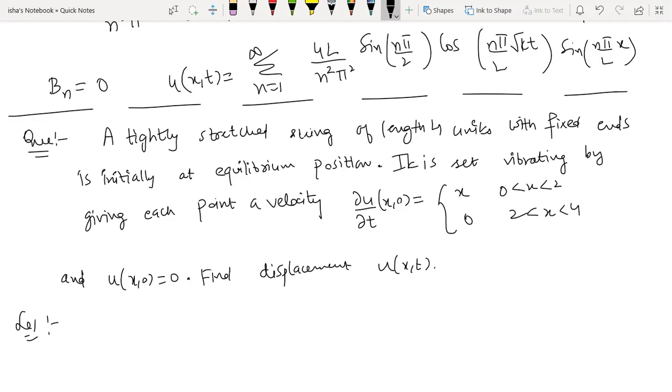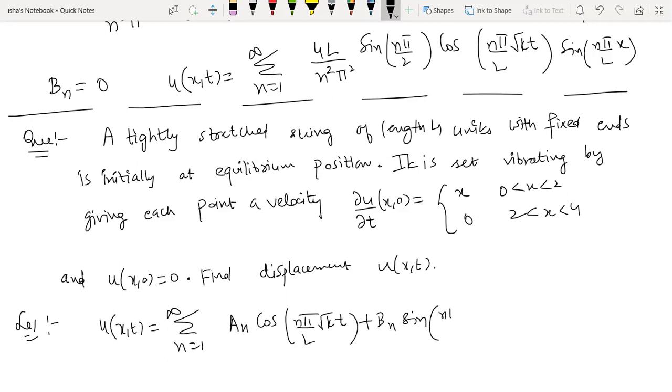So it's clear from the statement that it's a question of the wave equation. There we are talking about a string, not the heat equation, right? So what is given to us? If you write the general solution, we know that this is an cosine n pi by l square root kt plus bn sine n pi by l square root kt, and this whole is being multiplied with sine n pi by l x.